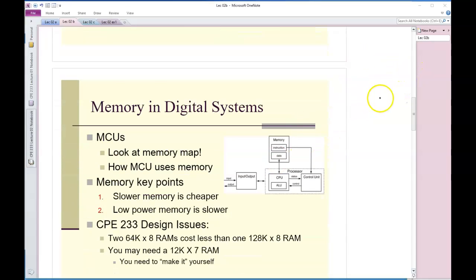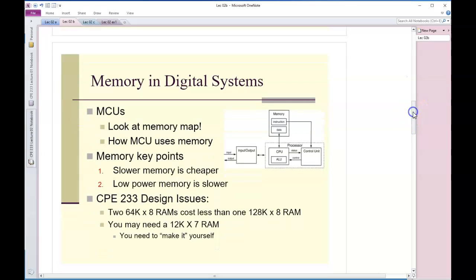One of the first things you need to do when you look at a new microcontroller is to look at the memory map. The memory map kind of tells you how the system is utilizing memory, for lack of a better word. Essentially, you're interested in what addresses do what to what parts. In relation to memory, memory is not always one thing.